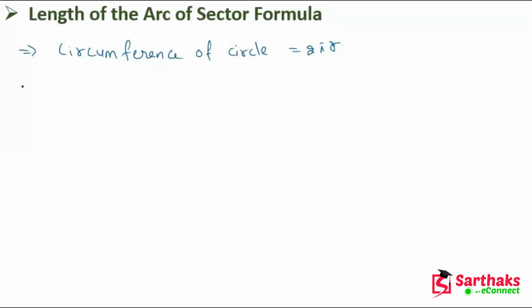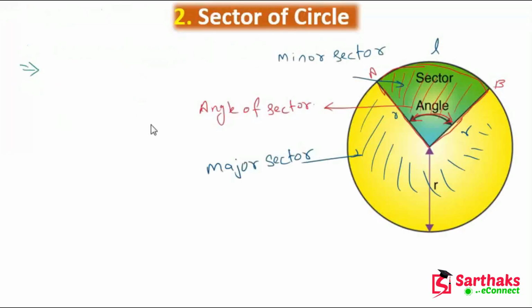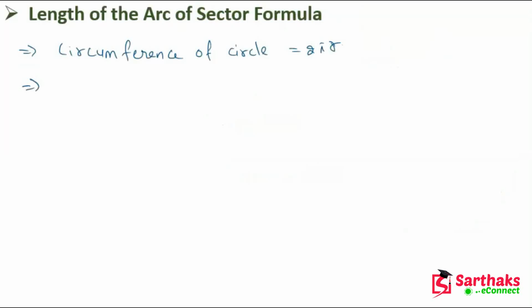Now if we want to find the length of the arc at a particular theta, the length of arc, named L, is equal to theta upon 360 degree multiplied by 2 pi r.